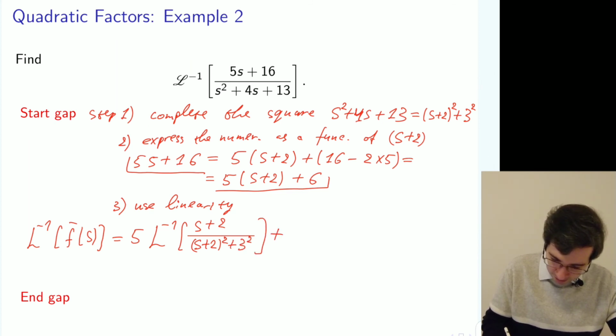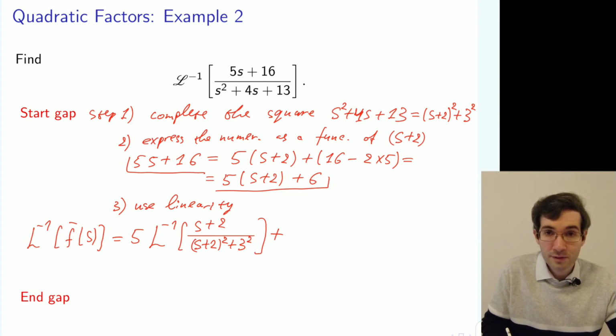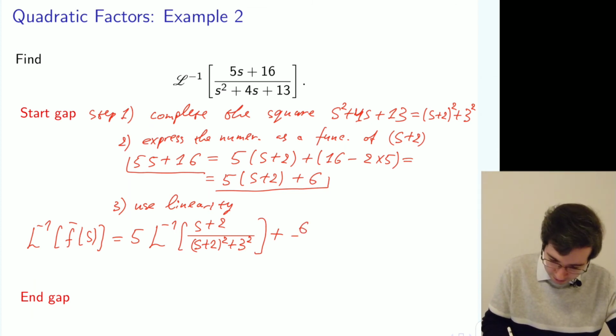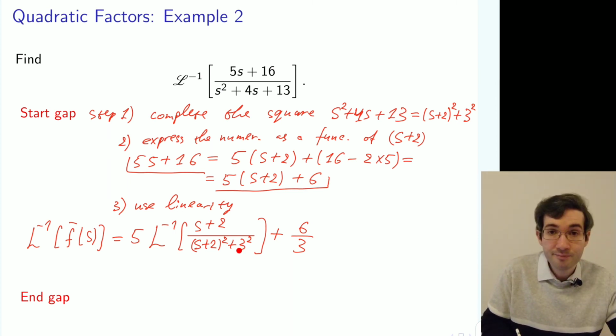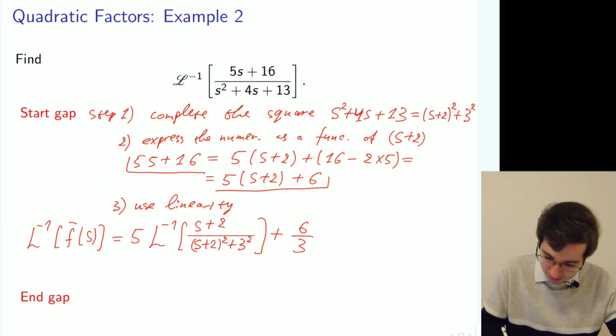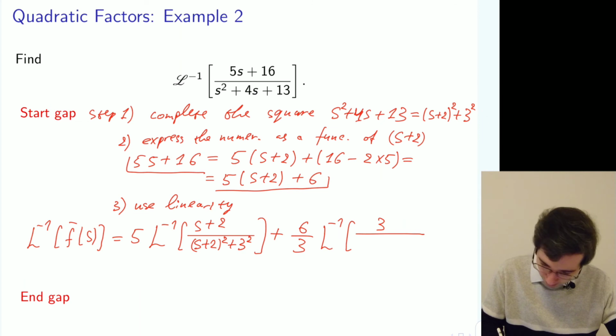And then we have another fraction, 6 over 3. The reason it's 3 is because we want to catch that term here, and you'll see why in a moment. So it's 3 on top and 3 as a factor outside, over s plus 2 squared plus 3 squared.